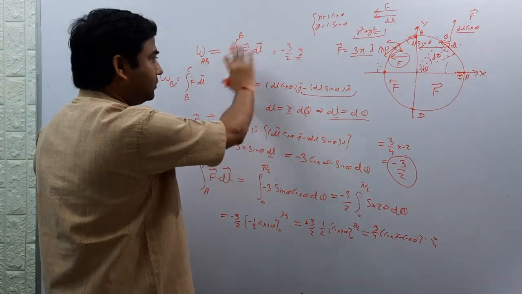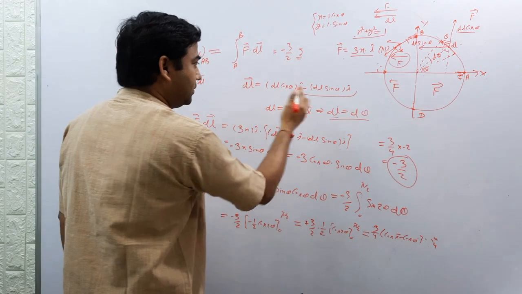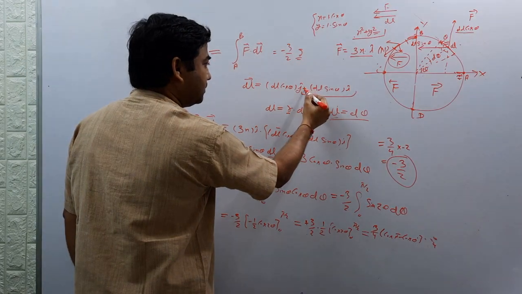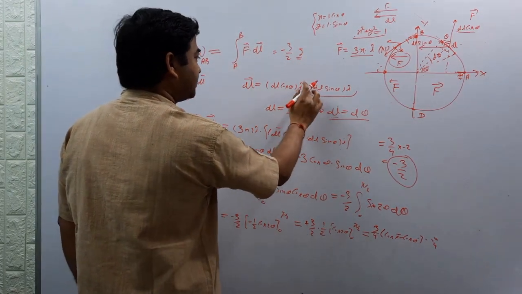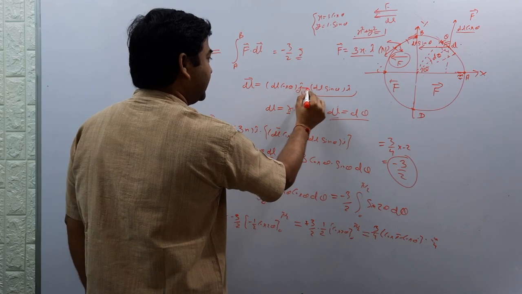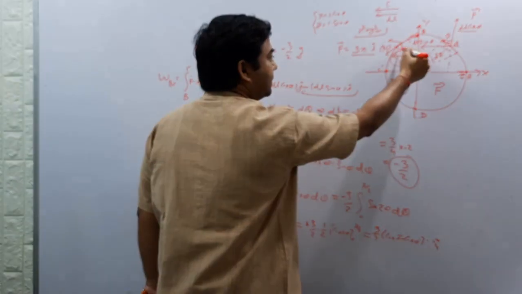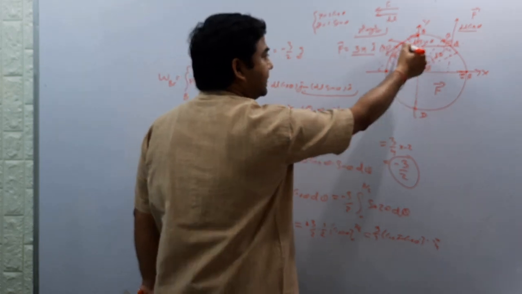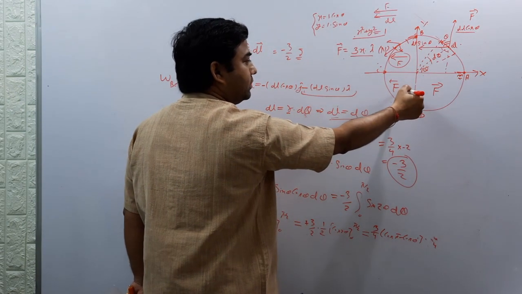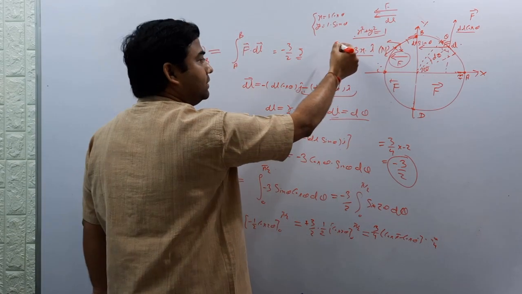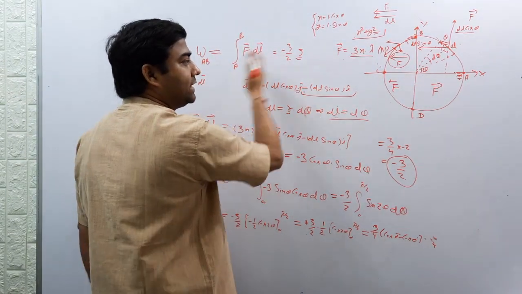So what you have to change is to make this negative and this also negative, because the vertical component of displacement vector dl will be toward the downward direction, and the horizontal component will be toward the negative x-axis direction.